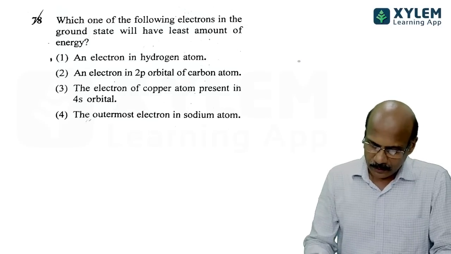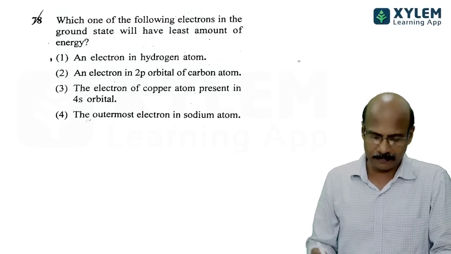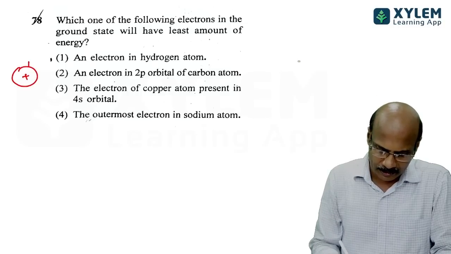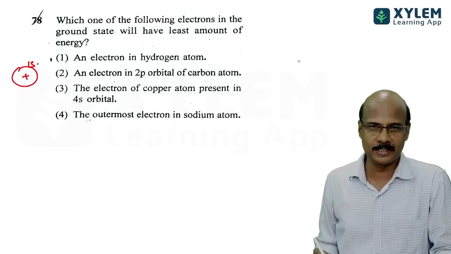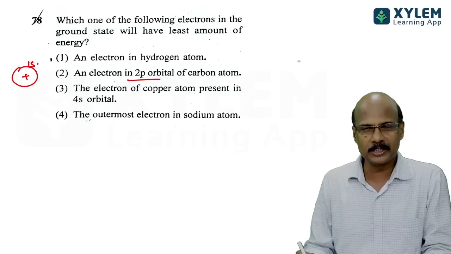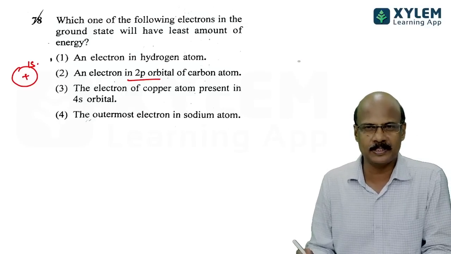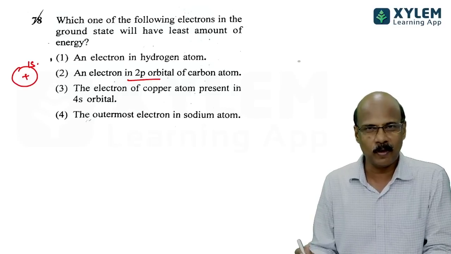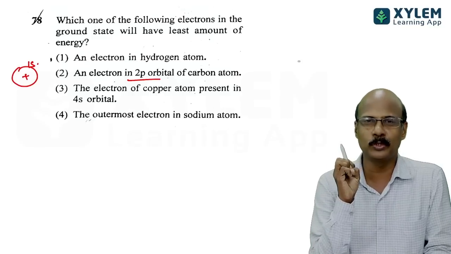Clear? So the electron in the hydrogen atom in the ground state generally resides in 1s, that is, in the first shell. Whereas for an electron in 2p, the energy of an electron in 1s is less compared to the energy of an electron in 2p. Why? Because it is close to the nucleus.